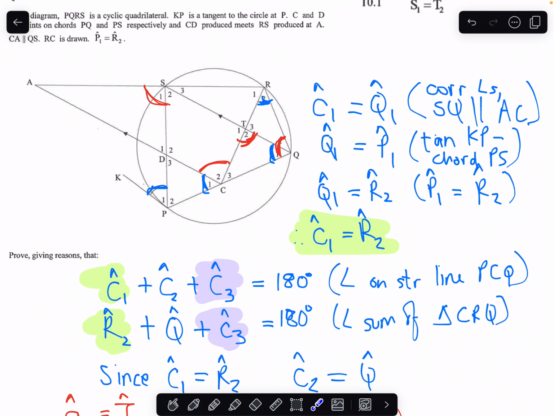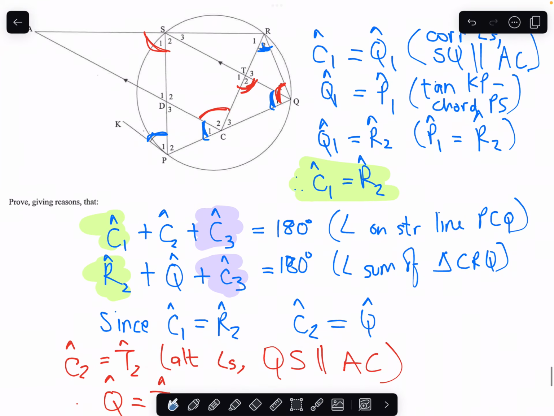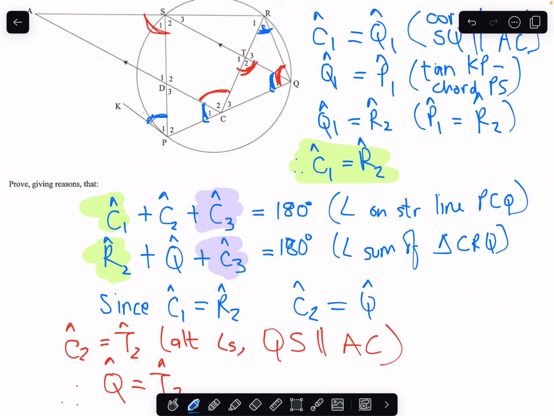And we know that C1 plus C2 plus C3 is equal to the same thing as R2 plus Q plus C3, okay? And because C3 is common to both of these, that means these are equal. And we know that C1 is equal to R2, so that means that these two must be equal. Okay, right, that's where the comma was meant to be.